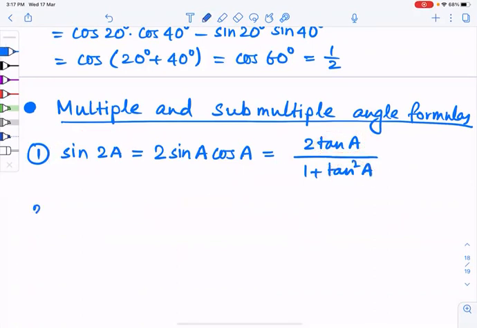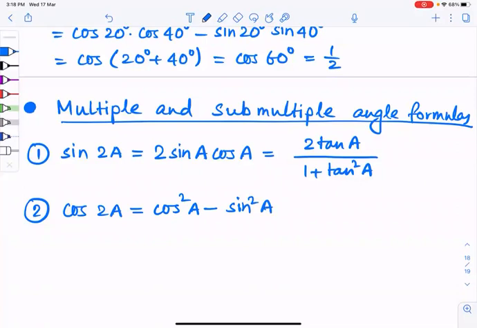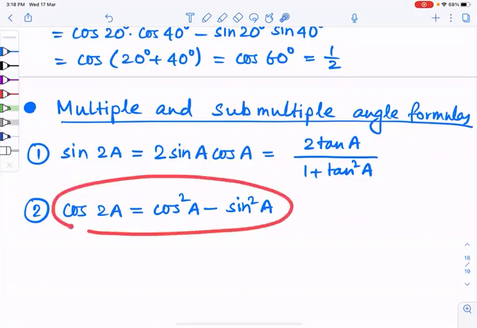Number 2, cos 2a. Formula for cos 2a is like this. It is nothing but cos square a minus sine square a. That's the formula for cos 2a. And I can get this formula from compound angle formula, as I told.